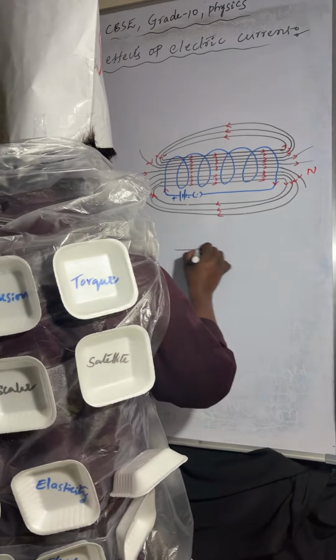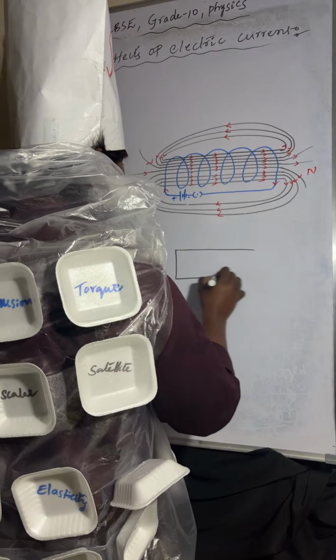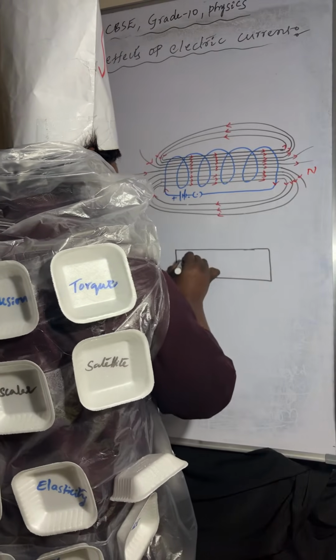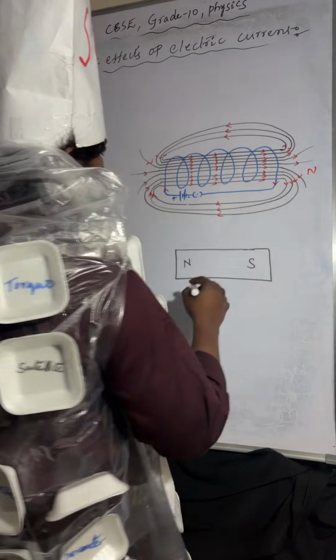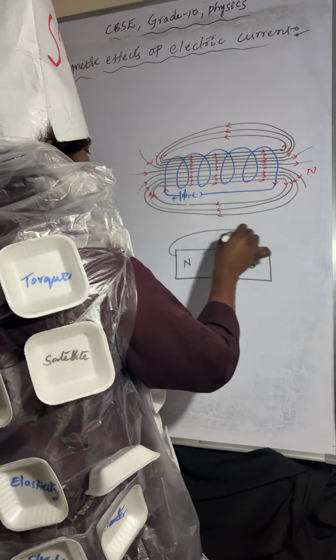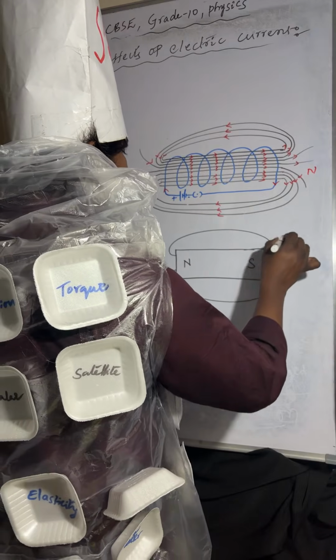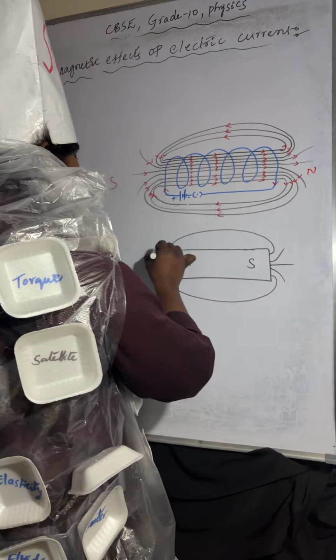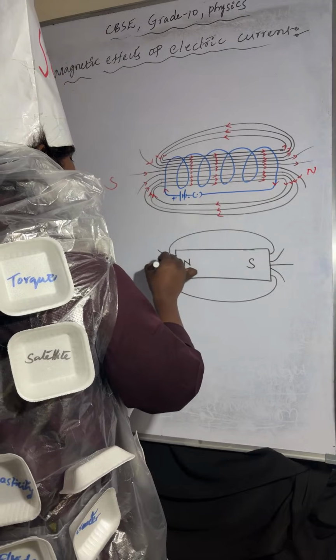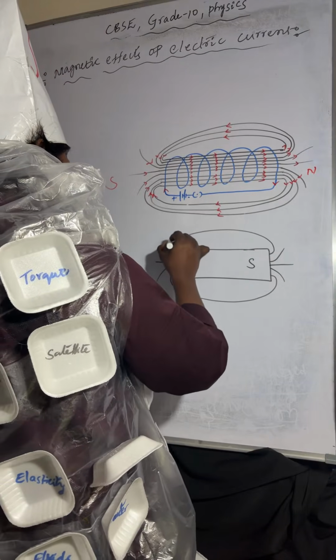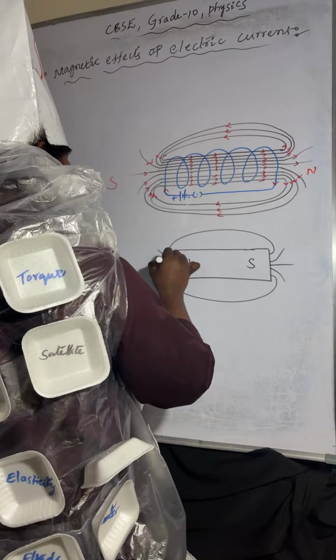You can see here, this is a bar magnet. This is north and this one is south. Here you can observe the magnetic field will be from north to south. Understood? I hope it is very clear. So the magnetic field will be from north to south.